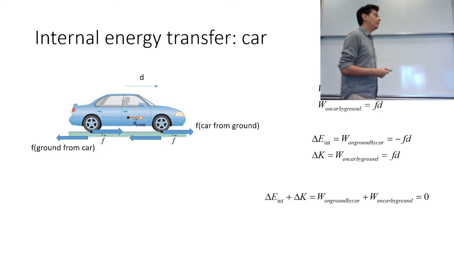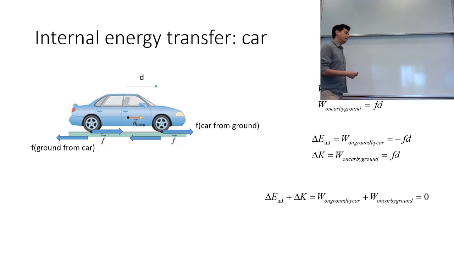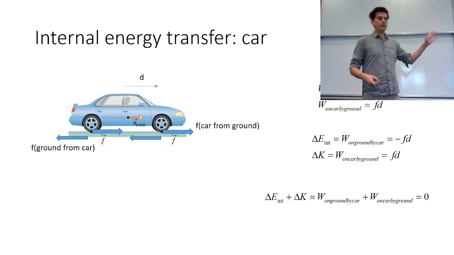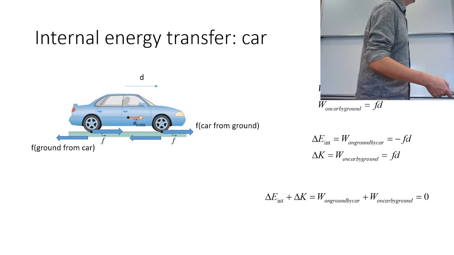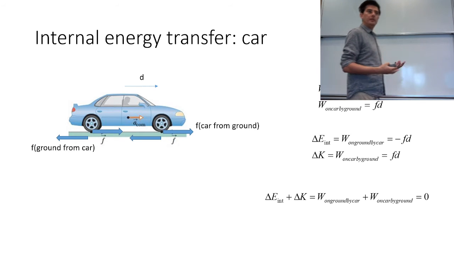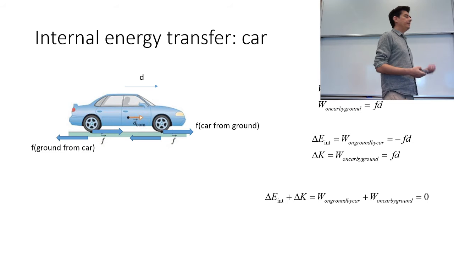In this case, it's not the chemicals in your muscles. This time, obviously, it's the petrol, the gasoline that you are burning up in the car's engine. That chemical energy of the gasoline is being converted into kinetic energy.